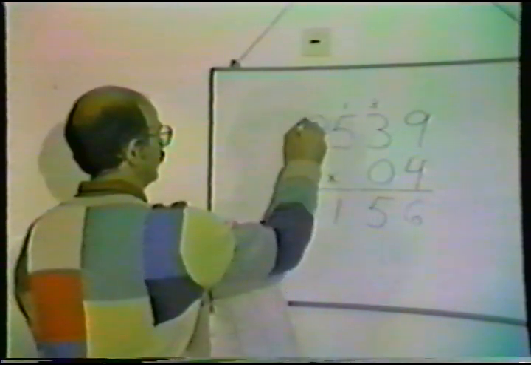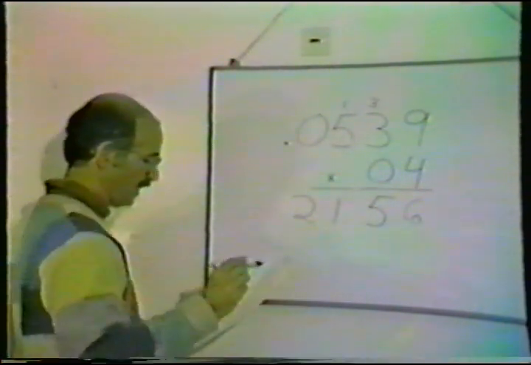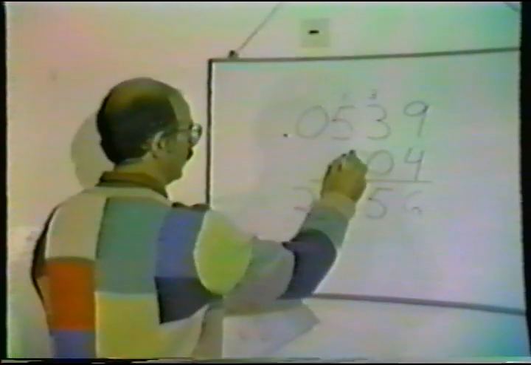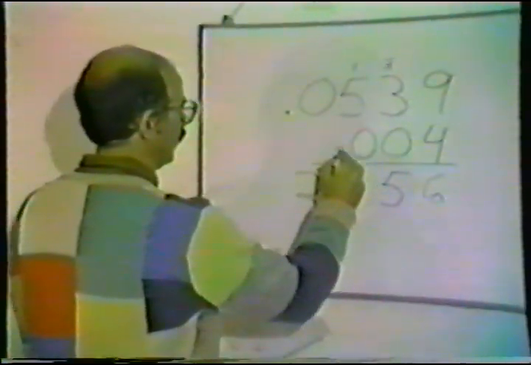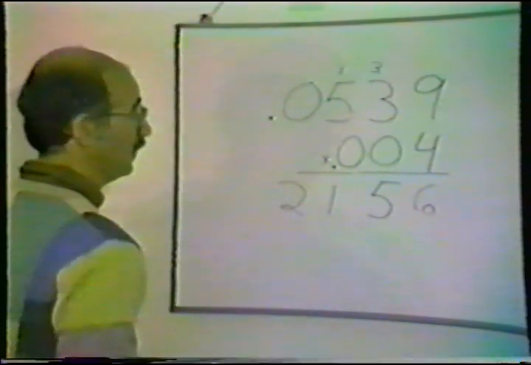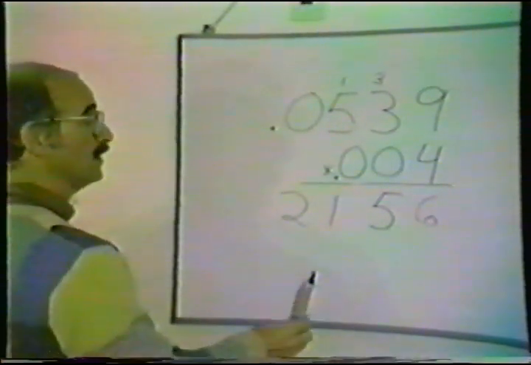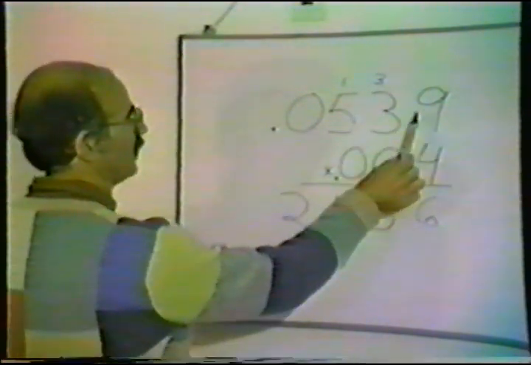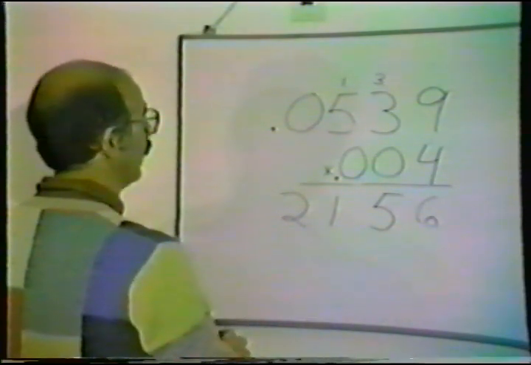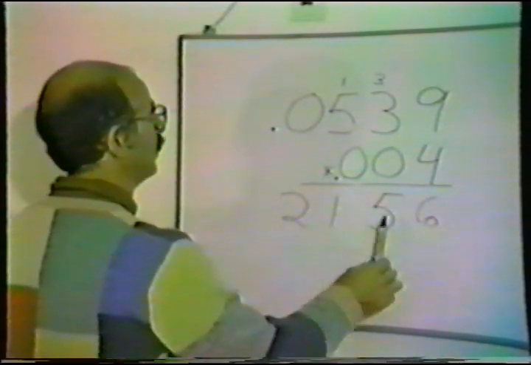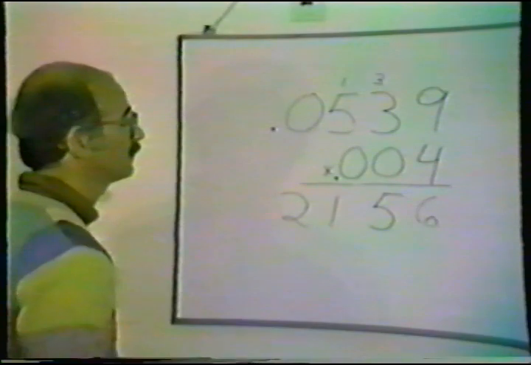Well, here we go, making some more changes. We'll put a 0 here, and we'll put another 0 here. Our multiplying work is still the same, 539 times 4, and we get 2156.